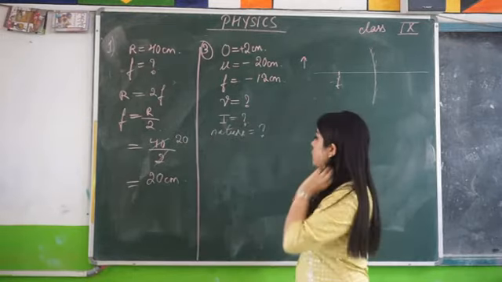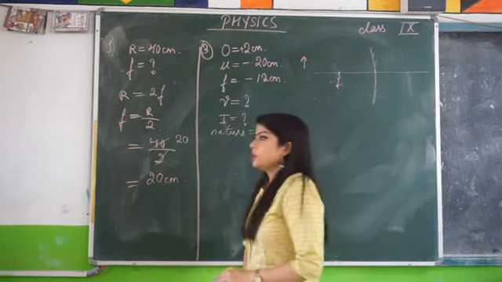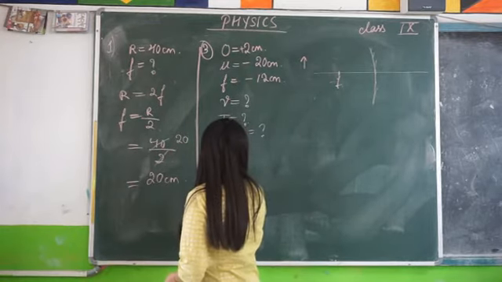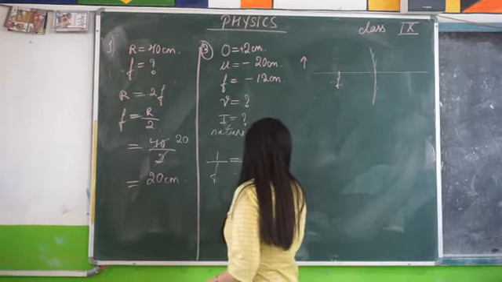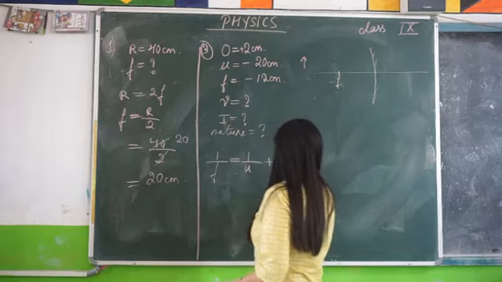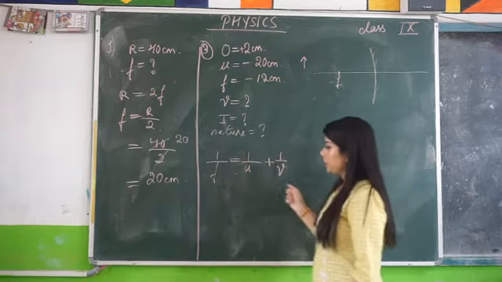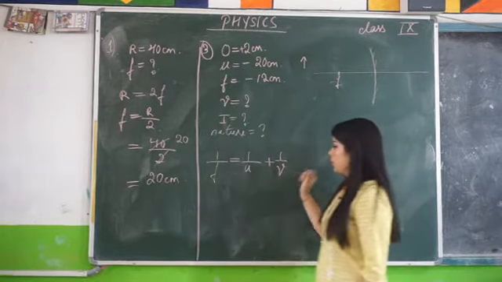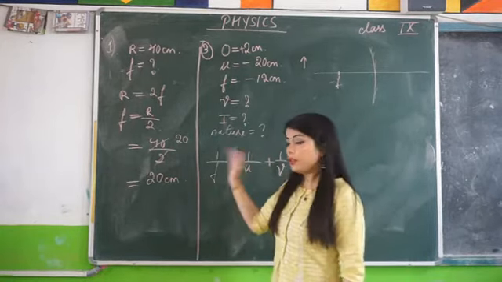Now next I have to find the image distance. The mirror formula is 1 by f is equal to 1 by u plus 1 by v. In this question, f is given and u is given. You have to find v. So we'll keep v on one side and take everything else to the other side.